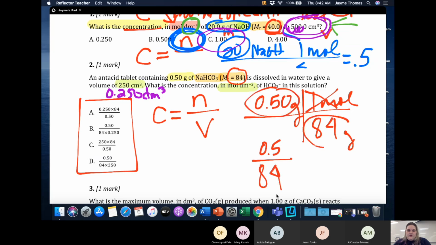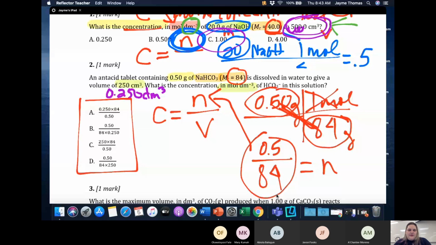We agree with that, or we see why that is? Yes. How about Abby and Javon? You with me still? Yes. Okay. So that's the number of moles, right? Because doing this calculation up here, we're solving for n. So I'm going to plug this division in for n in this equation.